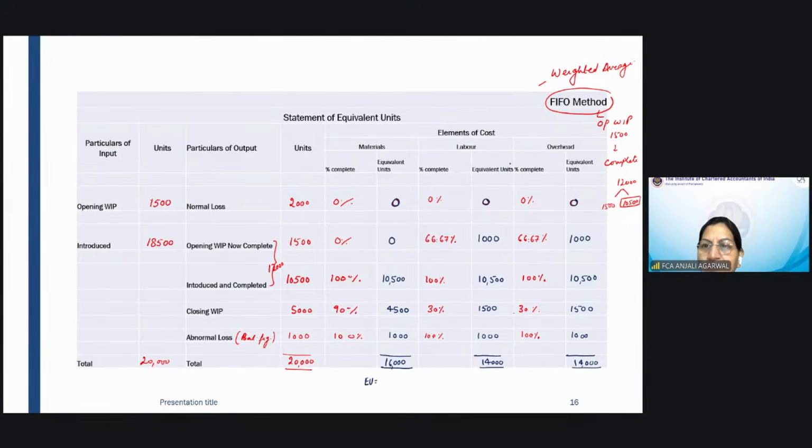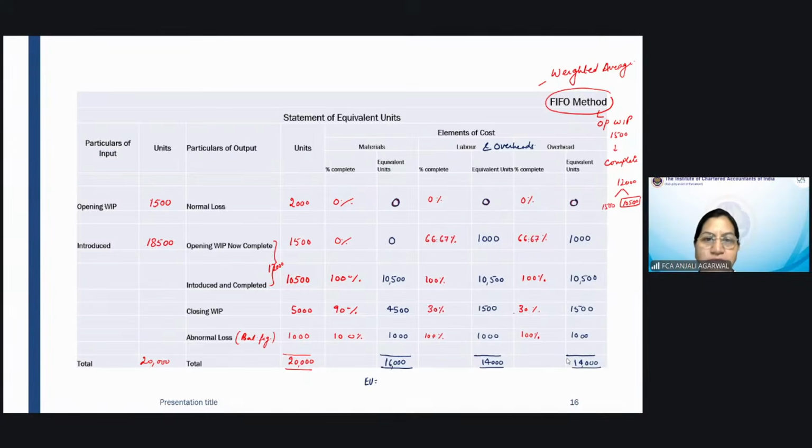So in that case, don't create 3 columns, just create 2 columns. One is for material and the second should be combined for labor and overheads. This will save you some time in writing. So 16,000 equivalent units of material, 14,000 equivalent units of labor, and 14,000 equivalent units of overheads.